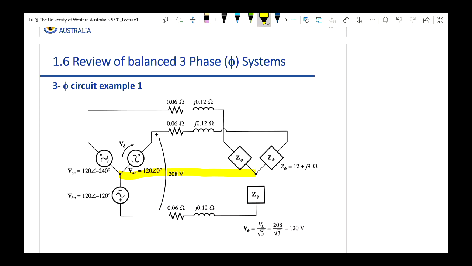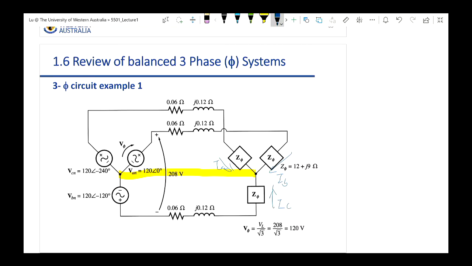Actually, this yellow connection between these 2 neutral points is totally optional, because all the power systems we discussed in this unit are assumed to be balanced. If they are all balanced, you may think, if you have the IB here, IA here, and IC here, IA, IB, IC must balance as well.